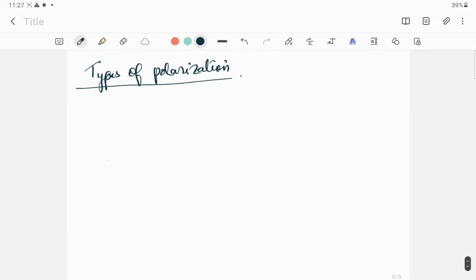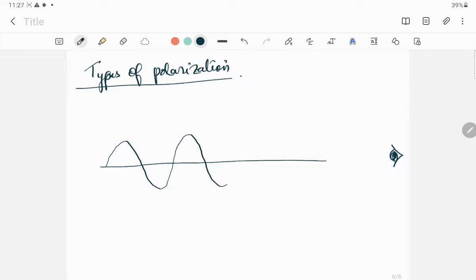Now let me draw one diagram. Here we always have the observer, and you have a linearly polarized light wave. This is the electric field vector, and we can't always consider only the maximum amplitude.